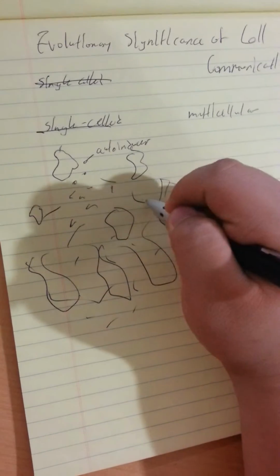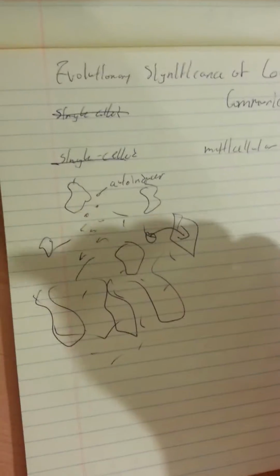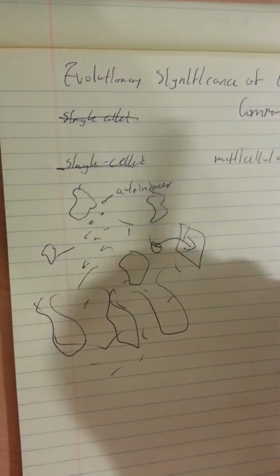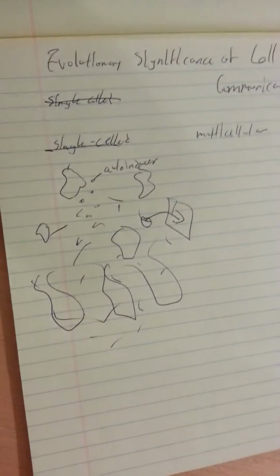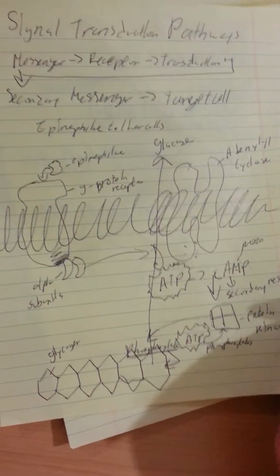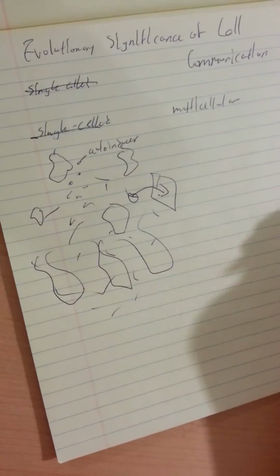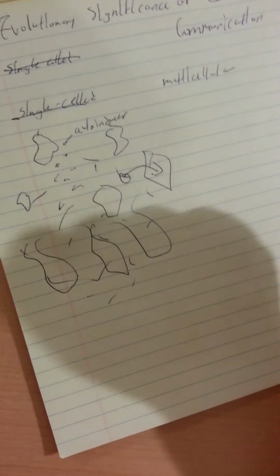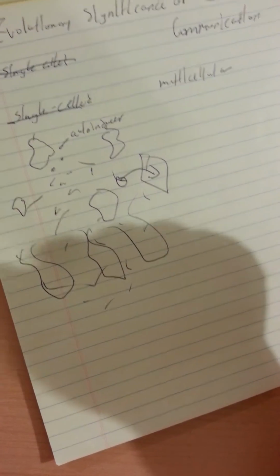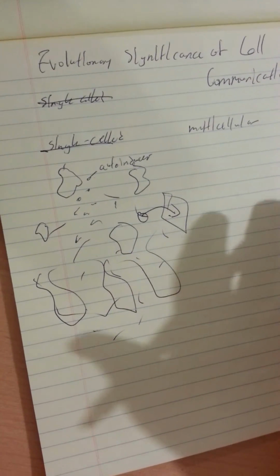This bacteria will pick up the other autoinducers from the other bacteria, and it will cause a signal transduction pathway, which is back to this stuff, except it's not epinephrine, it's the autoinducer. But it causes a signal transduction pathway to transcribe a gene. That's basically the general idea for this one.